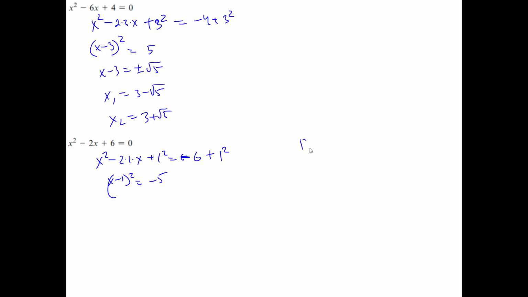Okay, let's double check. Let's find D. Minus 2 squared minus 4 times 6. So 4 minus 24 is minus 20, which is less than 0. It's a prime. Sorry, what is prime? When you cannot factor it. So no solutions.